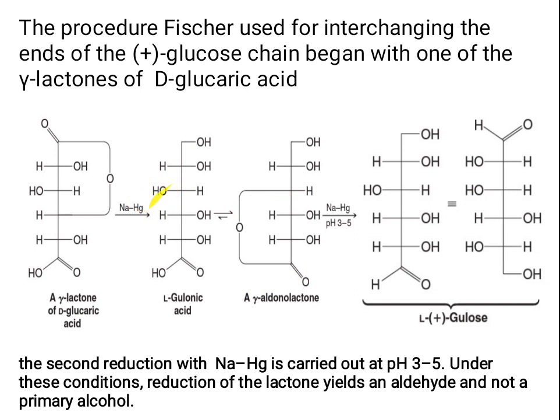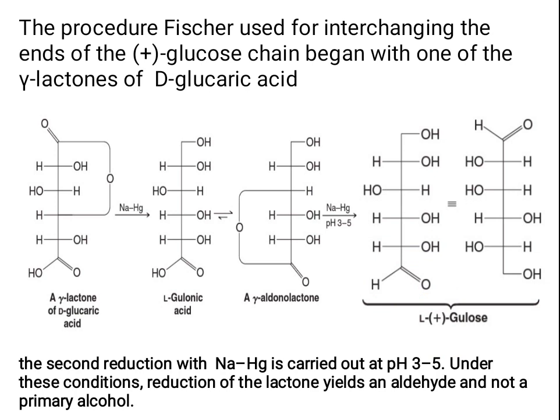This OH is forming with this carbonyl group. If he reduced this also with sodium amalgam at pH 3 to 5, this one is also forming the aldehyde group. And at last he got the L-glucose structure from the glucose.